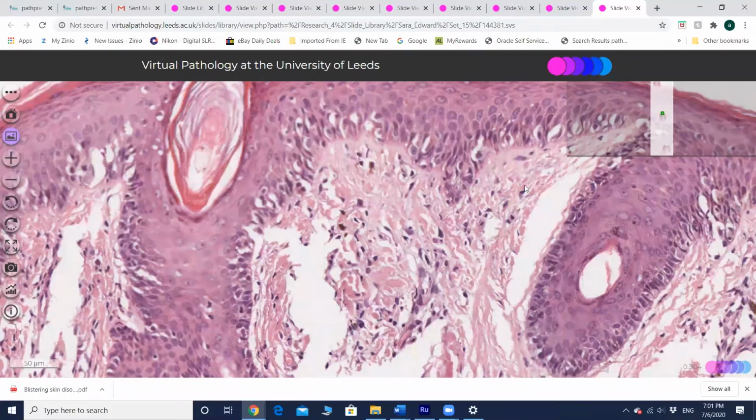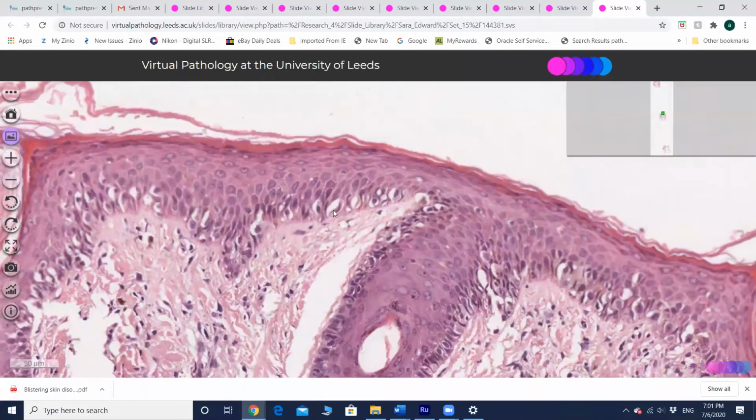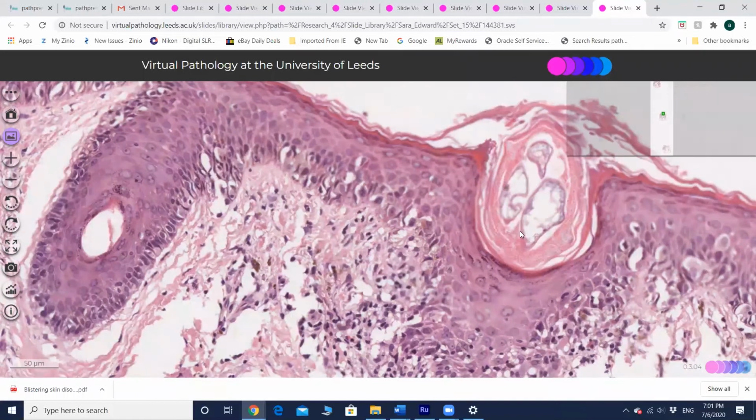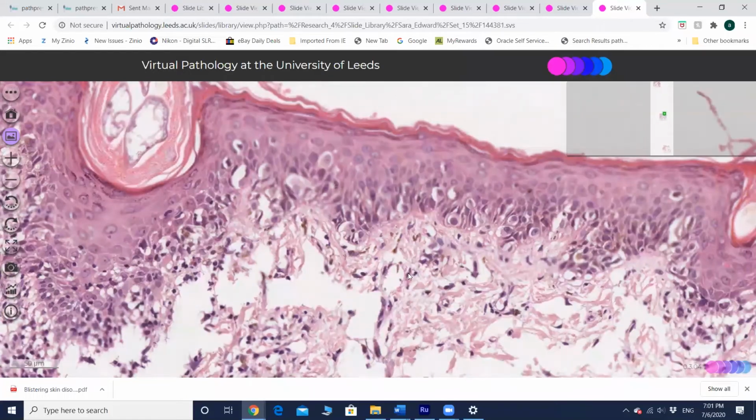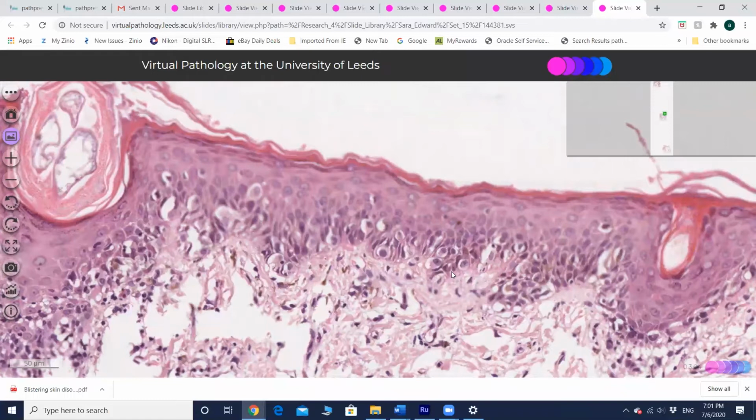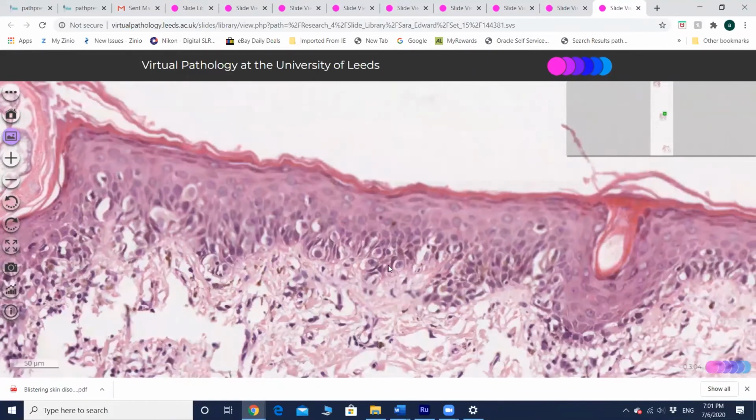Okay, so I wanted to show you another example of these lentiginous proliferations to prove to you the point of the halo and to show you a little bit of a difference between the atypia.